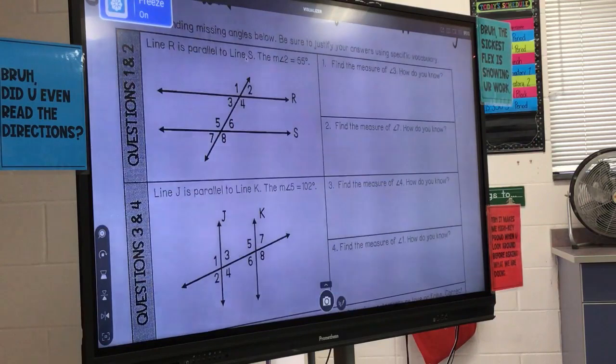No, work with your table to complete 1 through 4, essentially.